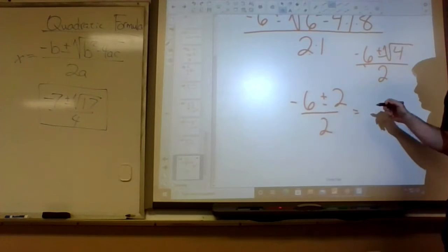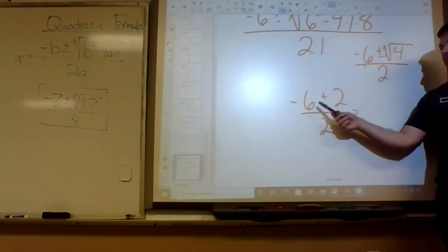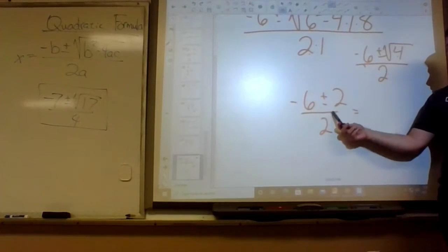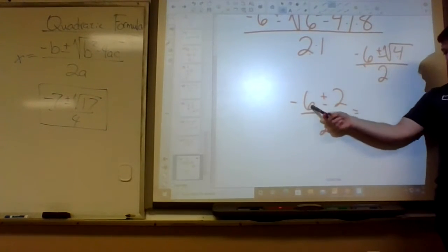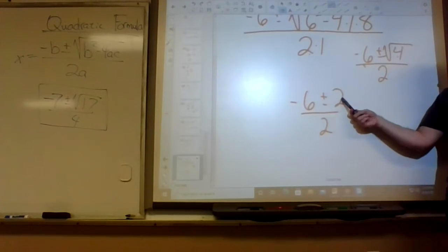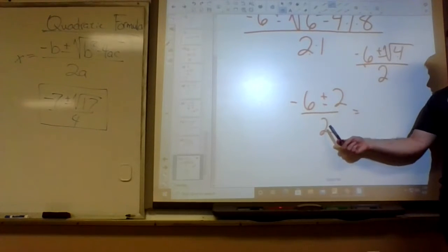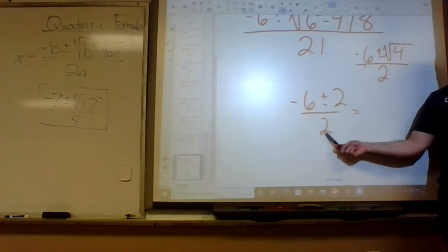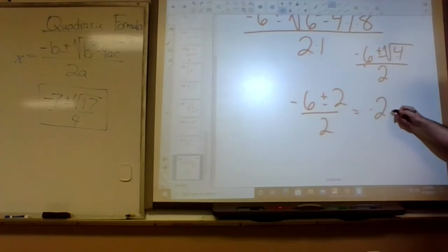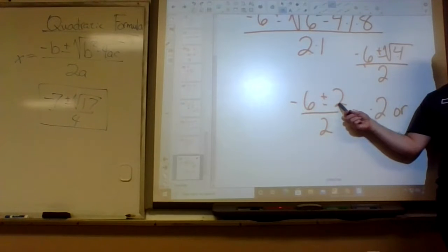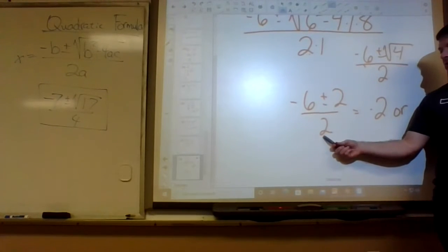Can I simplify this more? No, we can't do that. It's not 2 divided by 2, it's 2 divided by all this. But negative 6 plus 2 is negative 4, divided by 2, negative 2. Or negative 6 minus 2 is negative 8, divided by 2, negative 4.